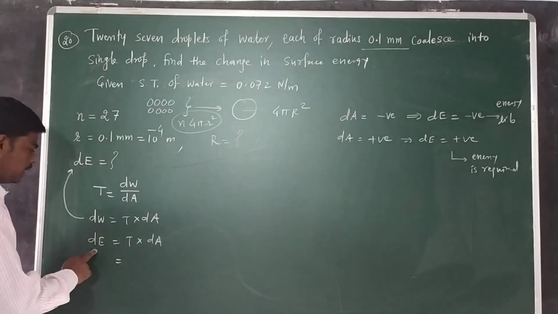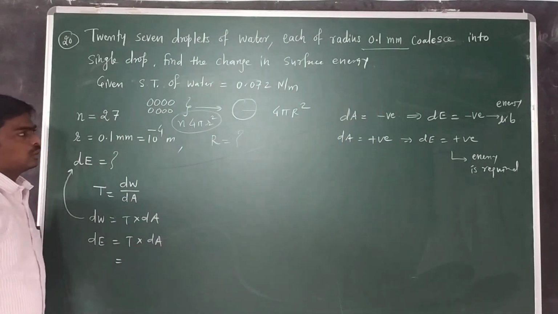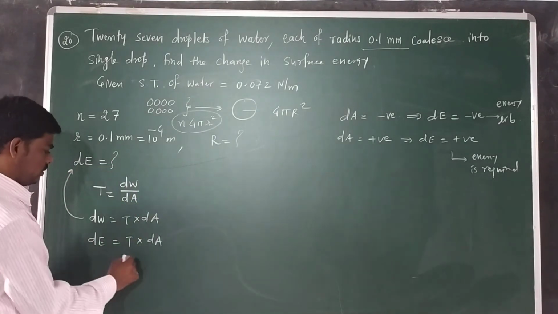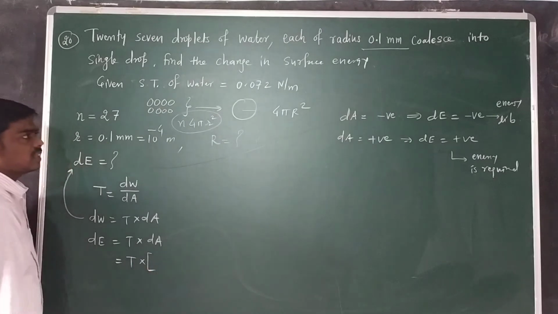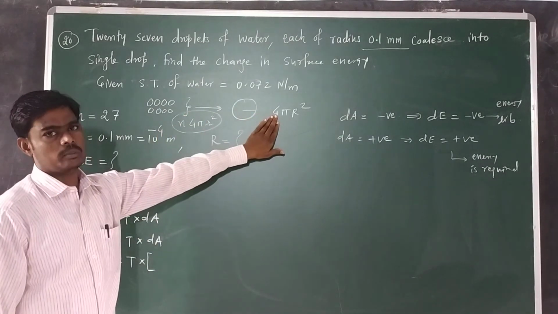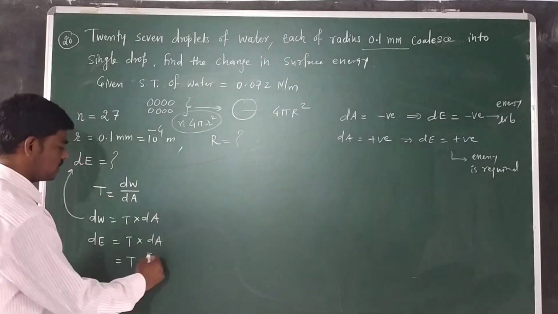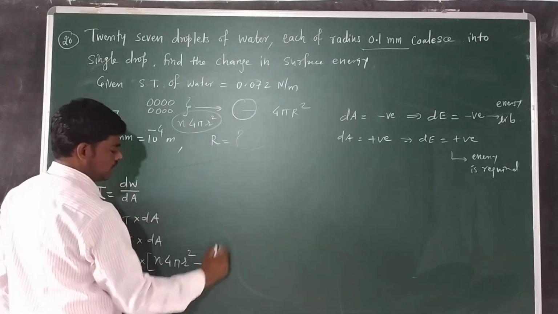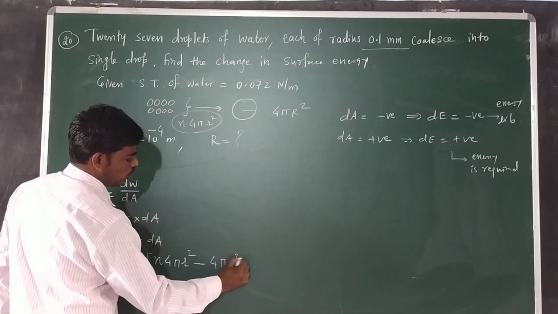So dE is T into dA. For the sake of calculation, let us consider subtraction of the bigger surface area minus the smaller surface area. The bigger surface area is n times 4 pi small r square and the smaller surface area is the final surface area 4 pi capital R square.